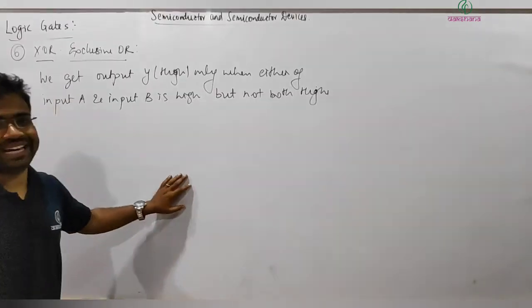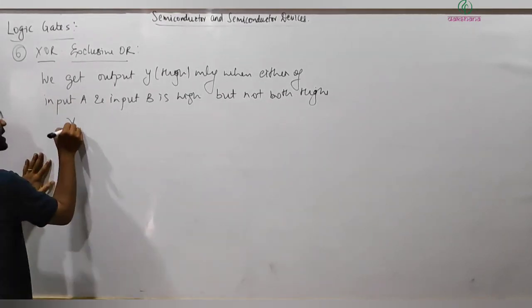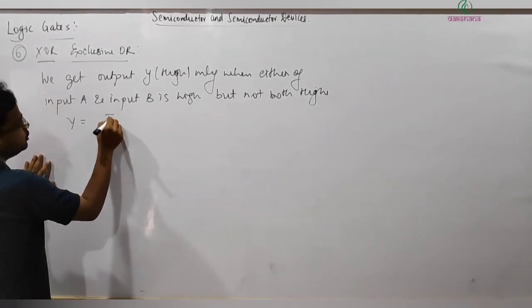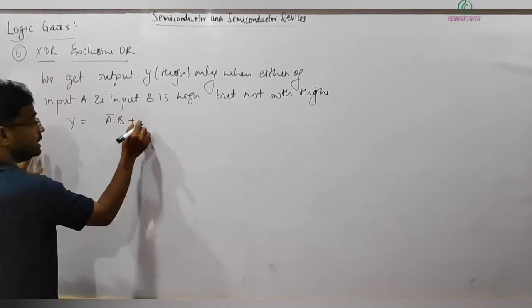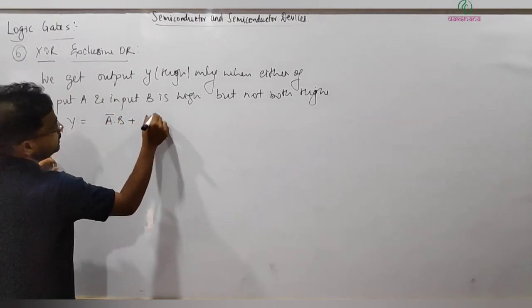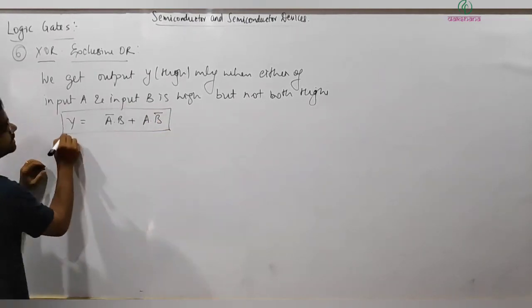So that is called exclusive OR gate. Its Boolean expression Y is written as A bar dot B plus A dot B bar. This is the Boolean expression.